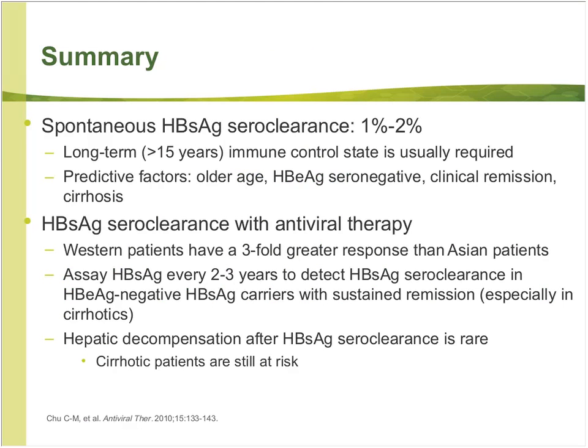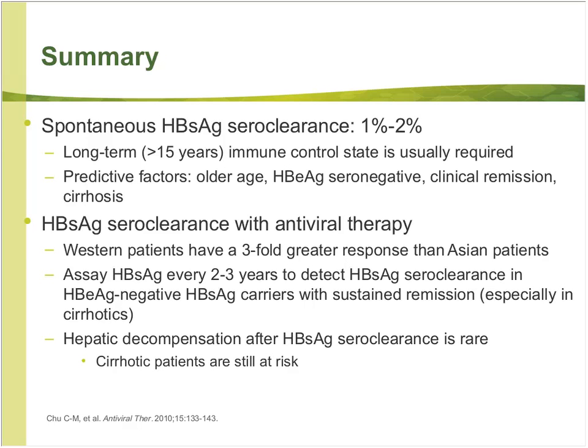Western patients do better than Asian patients, but as I showed you, in an Asian patient population from our group in San Jose, we had a 5% chance of S loss, and that's hopefully going to be accepted in a peer-reviewed publication very soon. Quant S should be determined, in my opinion, annually, but you'd be looking at it every 2 to 3 years to look at S seroclearance in your patients who are carriers, meaning patients who you may not be instituting therapy specifically.